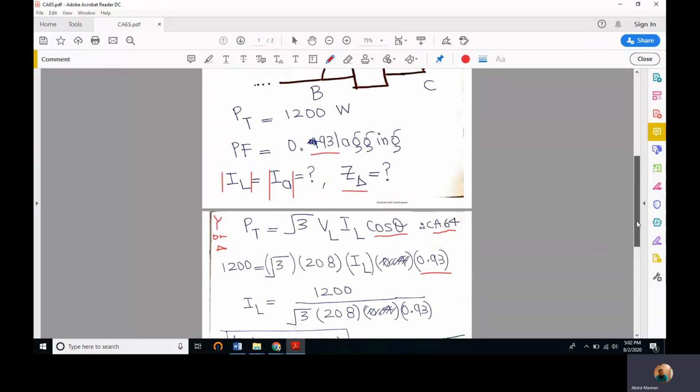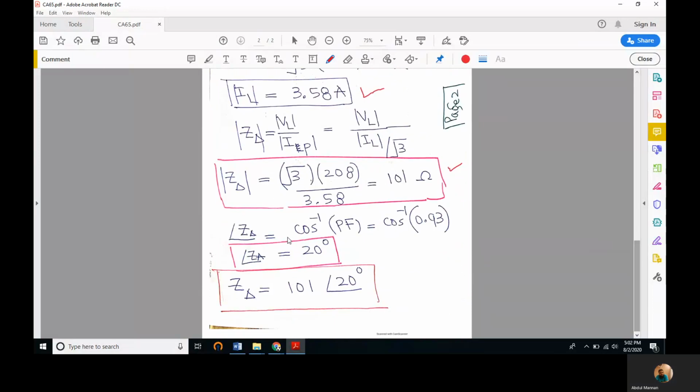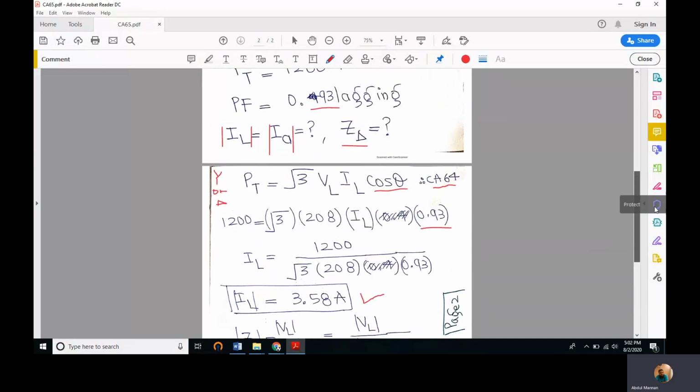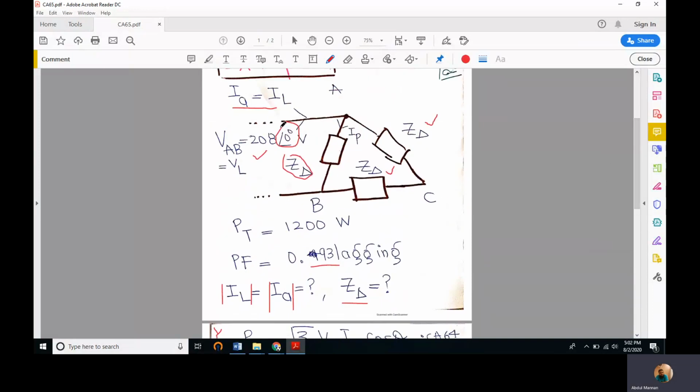So the angle of current would be the inverse cosine of the power factor, that is 20 degrees. This means the angle of this impedance is also 20 degrees, because the angle of voltage is 0.